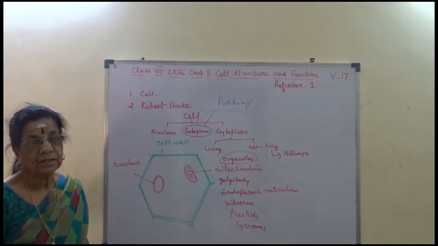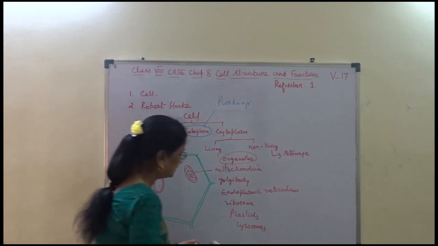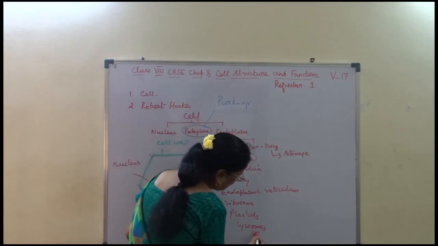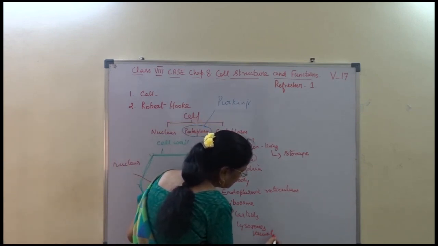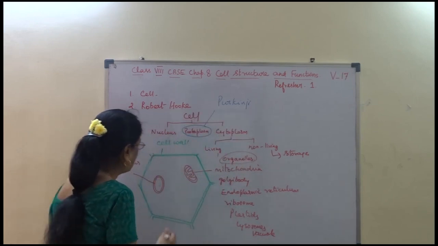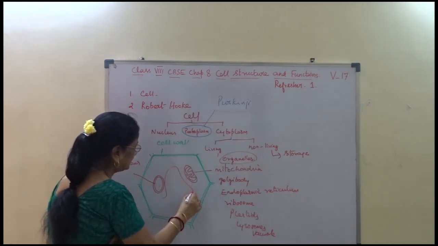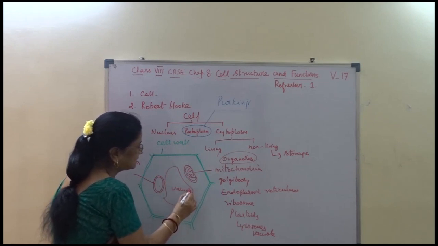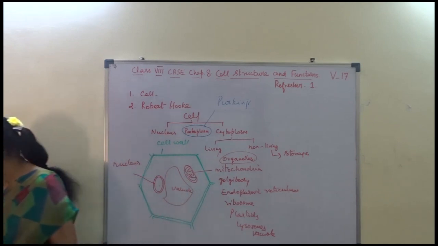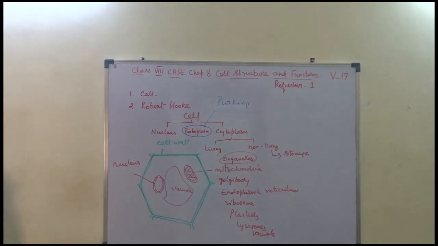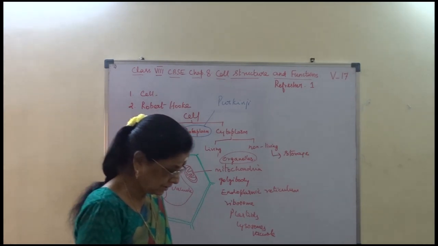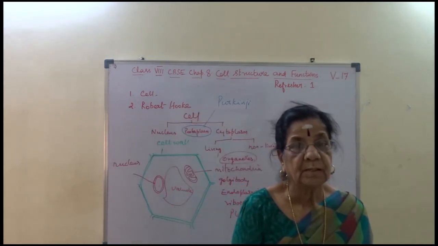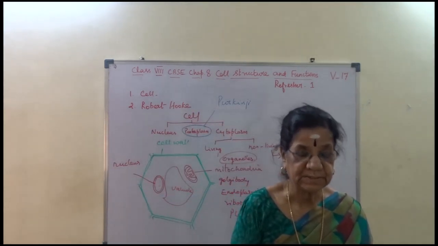These are all membrane-bound organelles found within the cytoplasm. I hope you understand. And then one more, vacuole. It is present in the plant cell, absent in the animal cell. So now we'll see the difference between plant cell and animal cell.